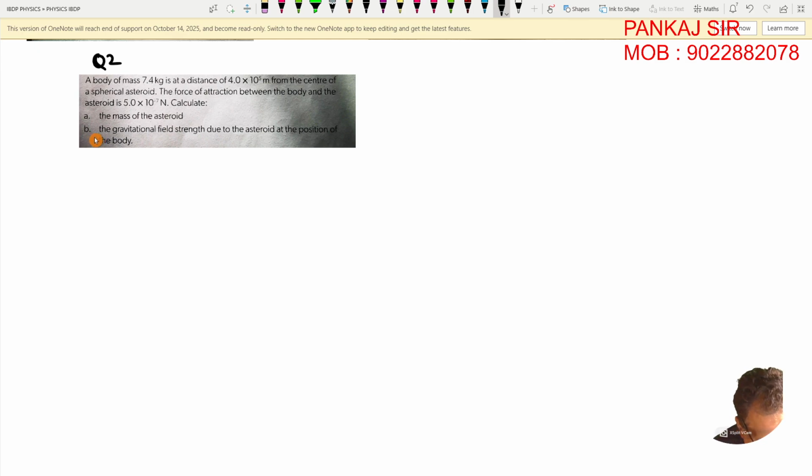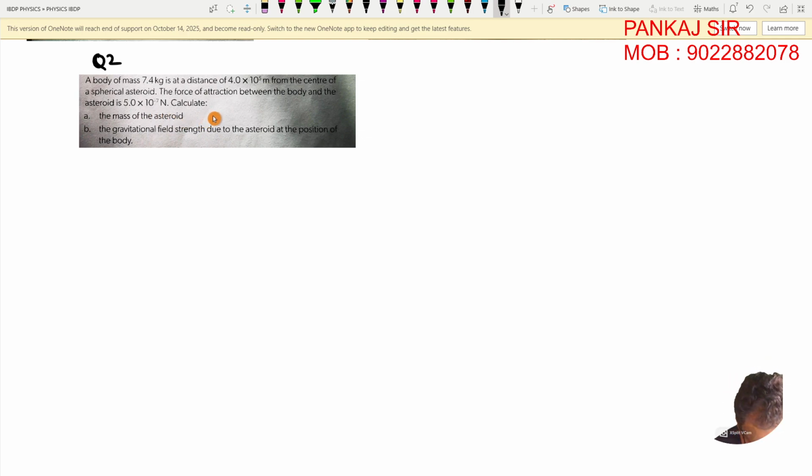Now, question number 2 says that a body of mass 7.4 kg is at a distance of 4.0 into 10 raised to 5 meter from the center of a spherical asteroid. The force of attraction between the body and the asteroid is 5.0 into 10 raised to minus 7 Newton.